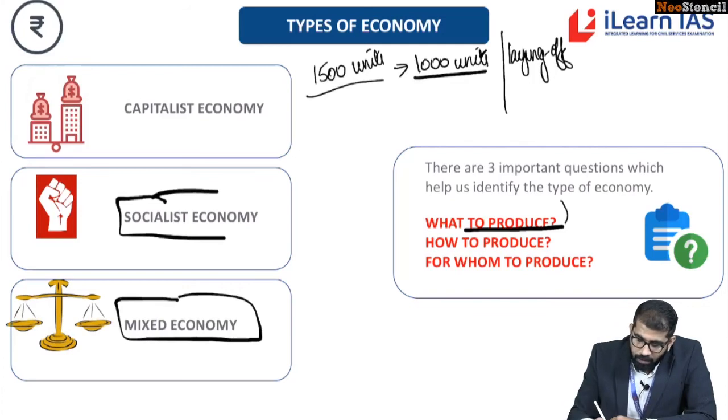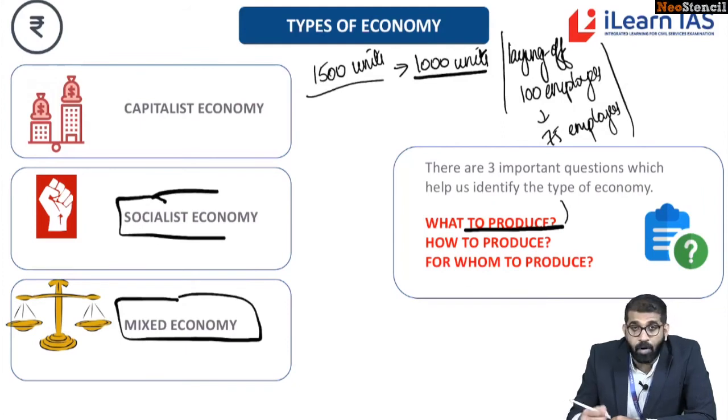When they lay off their employees, because earlier they had 100 employees, suppose, now they are reducing it to 75 employees. So a reduction of 25 employees means there is a reduction in the purchasing power of 25 households. When the purchasing power of households reduces, what will happen?